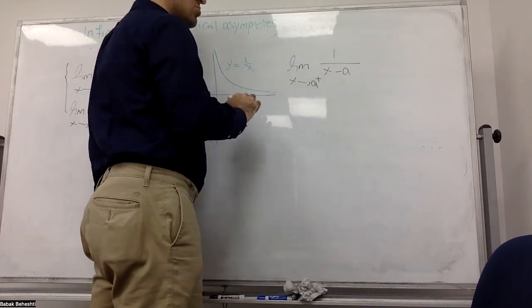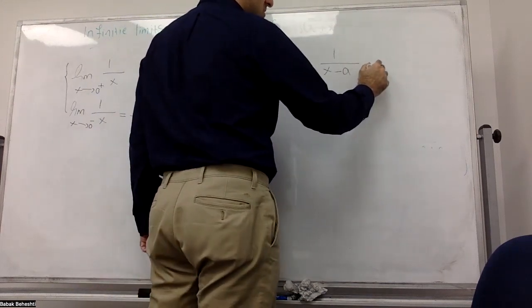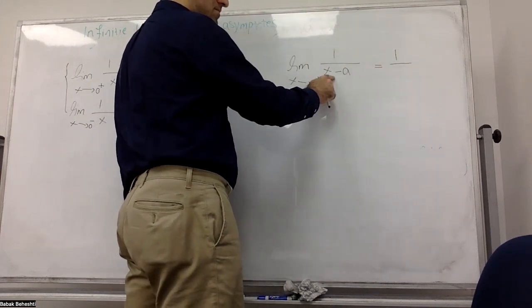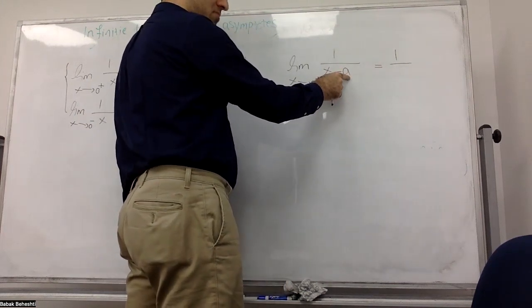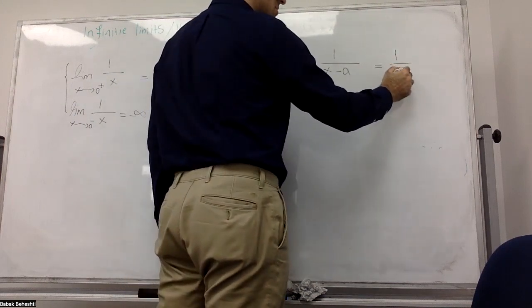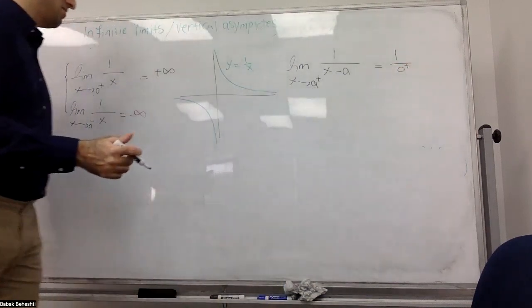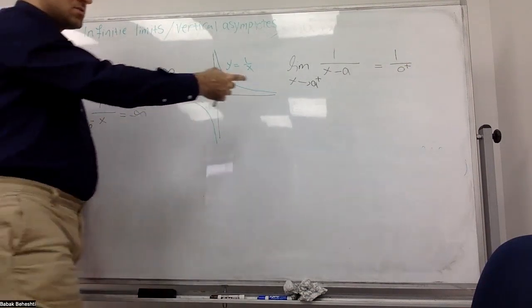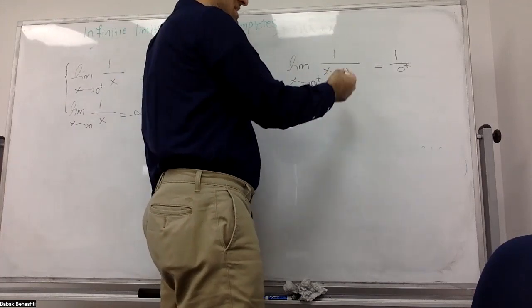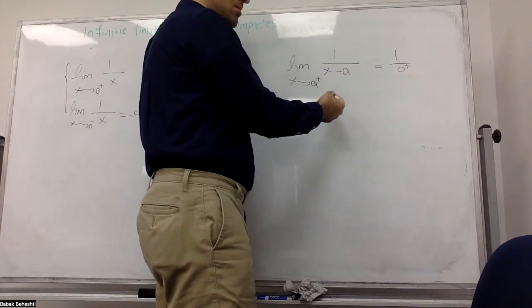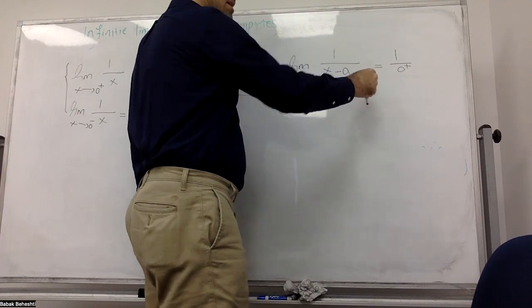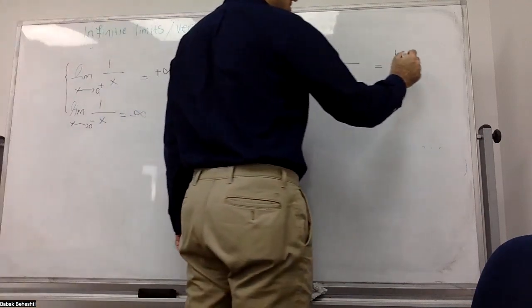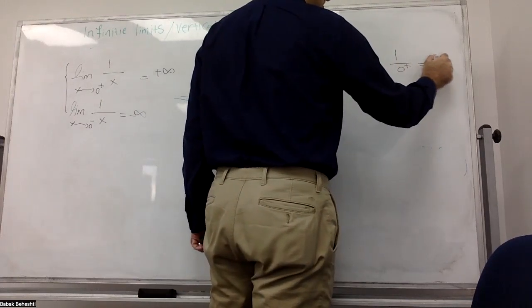So when x goes to a plus, the denominator would be 0 plus. By 0 plus, I mean this guy, 1 over x, x goes to 0, right? So x goes to a plus means x is very close to a, but greater than a. So it's a very small positive number. So it's 1 over 0 plus, which is equal to plus infinity.